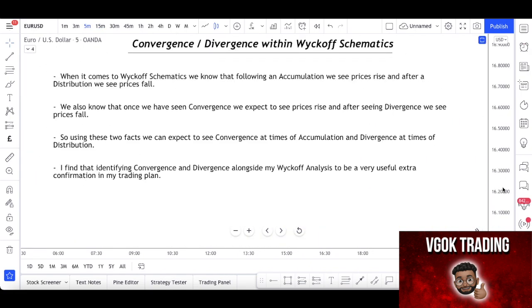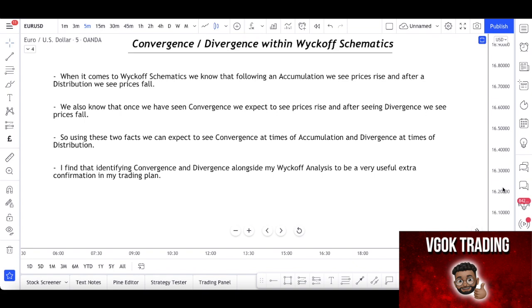So now we're actually going to be looking at how we can incorporate this convergence, divergence confirmation within our Wyckoff schematic confirmations as well. Now, when it comes to Wyckoff schematics, we know that following an accumulation, we see prices rise, and after a distribution, we see prices fall. And after what we've just explored, we also know that once we've seen convergence, we see prices rise, and after seeing divergence, we see prices fall.